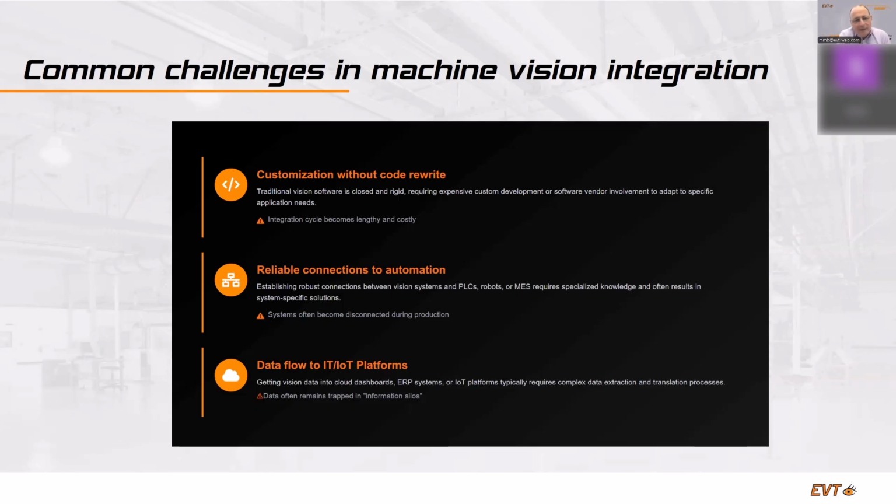I assume that everybody who attends today or will have a look at this recording knows that EyeVision is ready-to-use software, which means that it is intended that one can solve tasks with no programming.